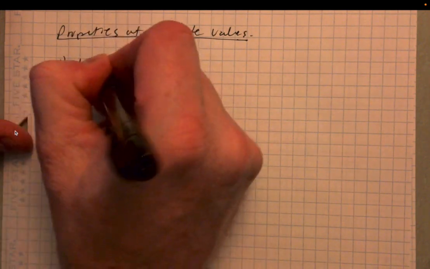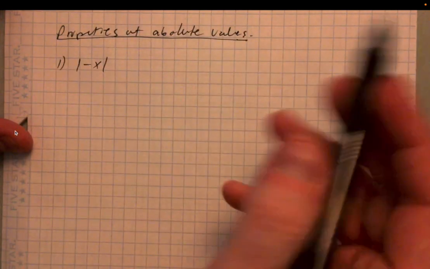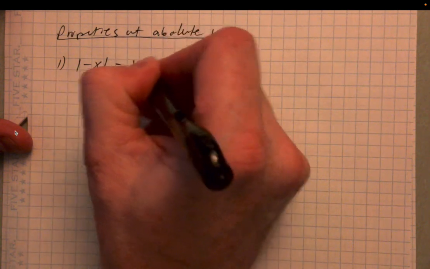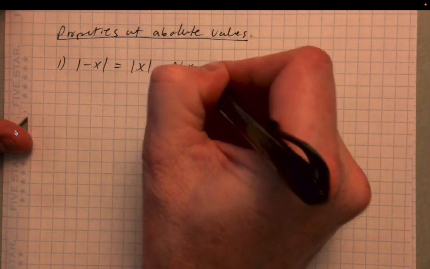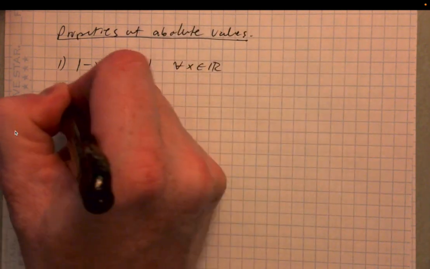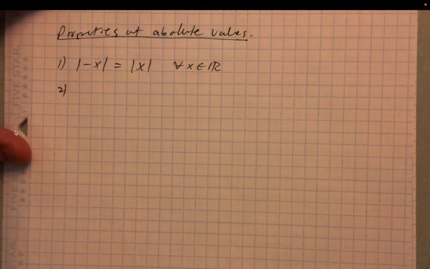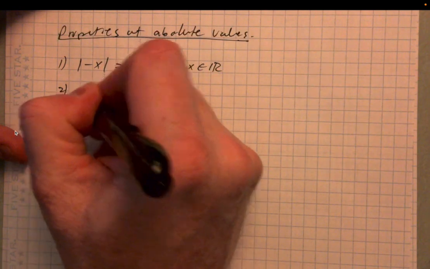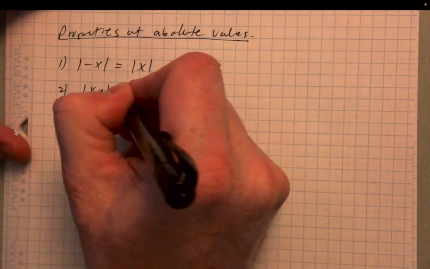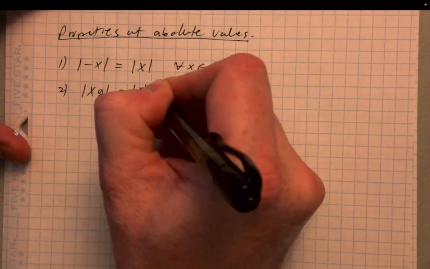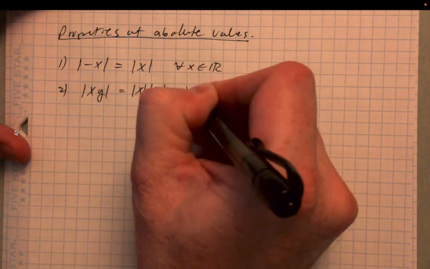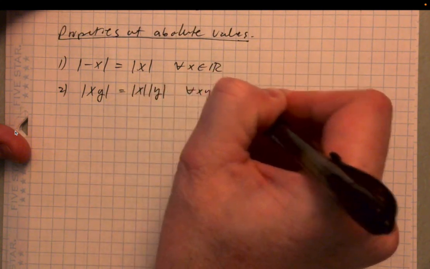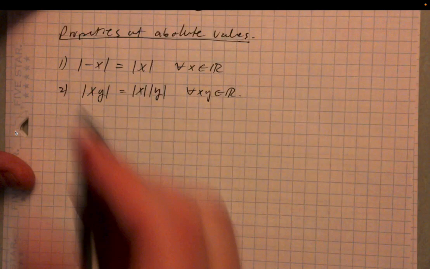So the absolute value of negative x is equal to the absolute value of x, which is of course true for all x in R. That's obvious, kind of implicit in the definition. The absolute value of the product of two real numbers is equal to the product of the absolute values, for all x, y in R. We've seen that, of course.